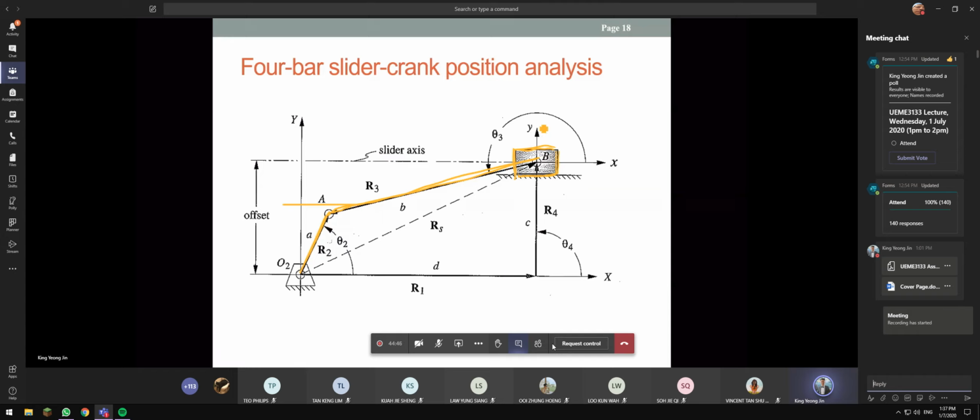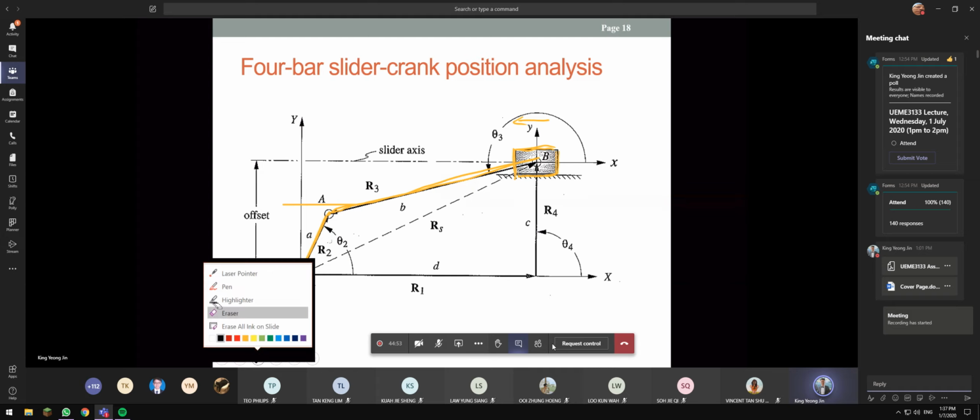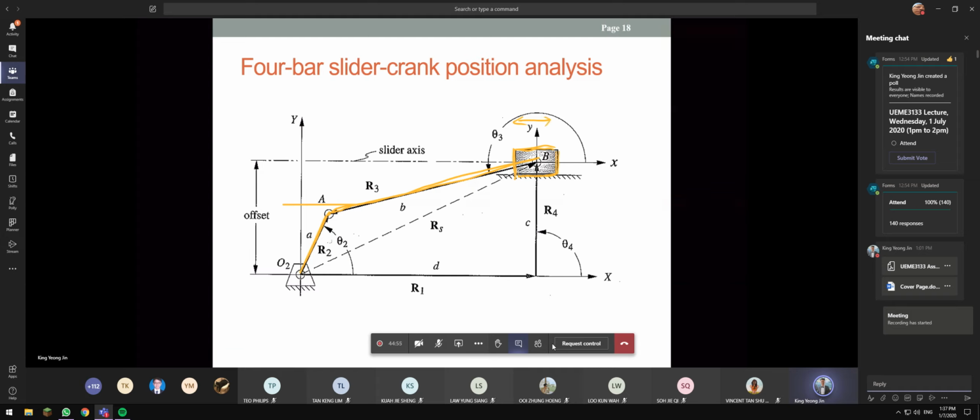So this link 4 will do movement at this horizontal position. So let me erase this.